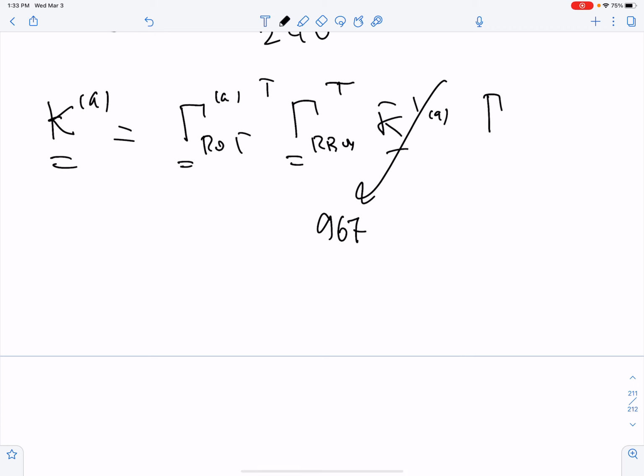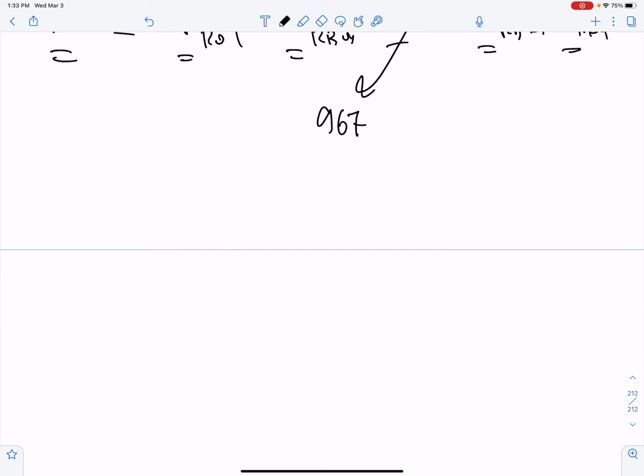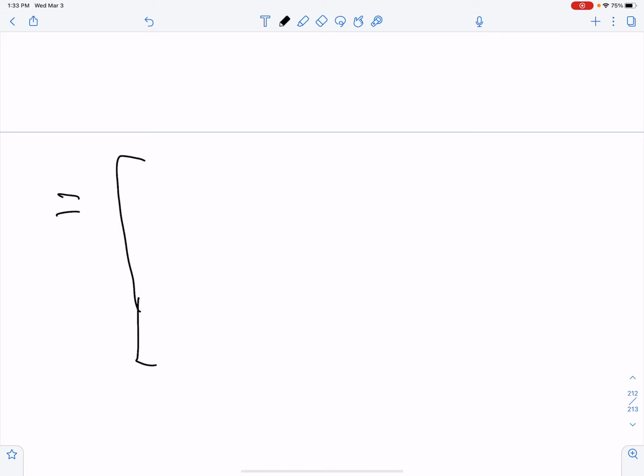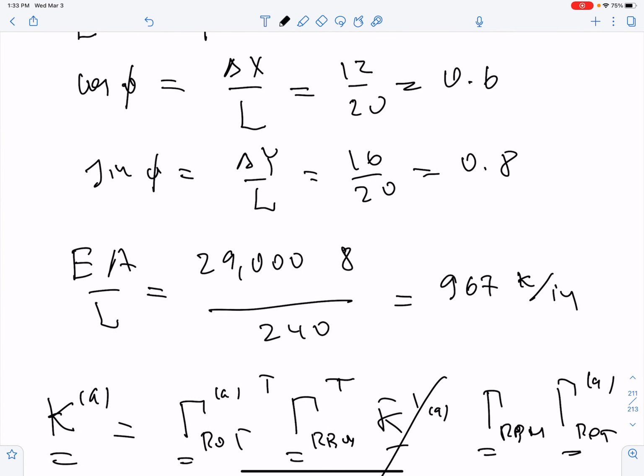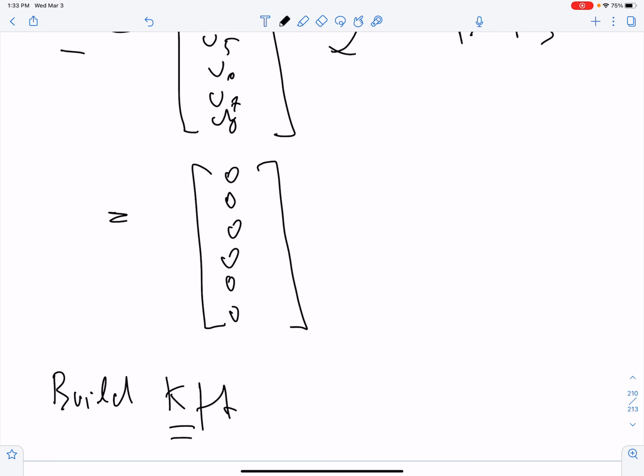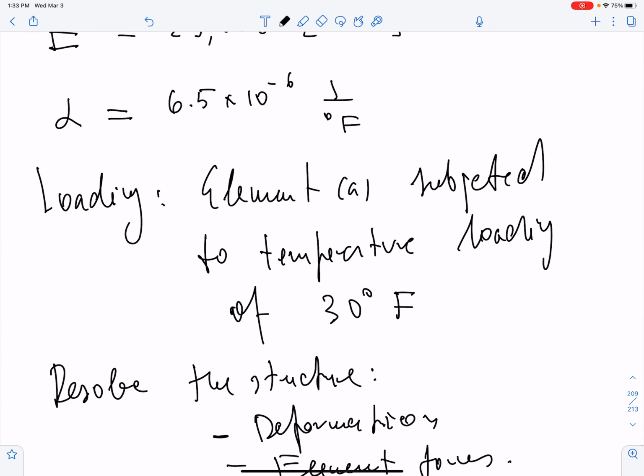This is gamma RBM and gamma ROT for that element. I presume you can carry out the calculation on your own, and you get a 4x4 matrix. That matrix in principle will be fully populated. However, in order to avoid much writing, let's see.